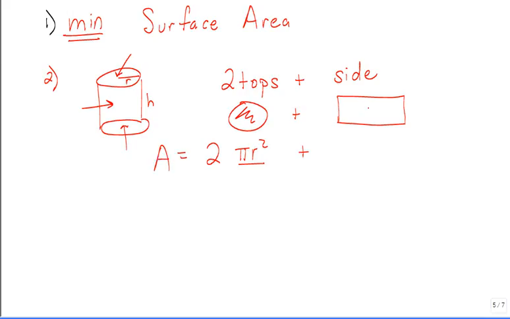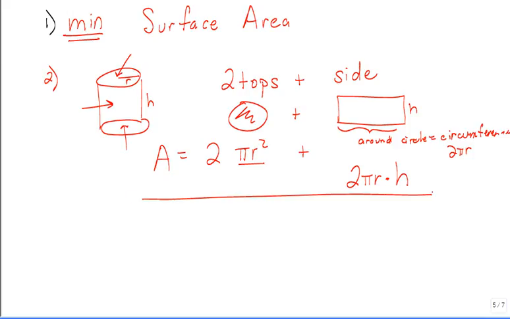Okay, now this side has height h, it's h high, but this is around the circle. If you flatten out a can, cut up the side and flatten it out, that goes around the circle, which is the circumference, which is 2 pi r. So that's going to be length times width. Now, this is what you want to take the derivative of.